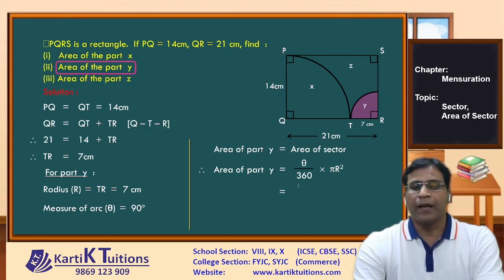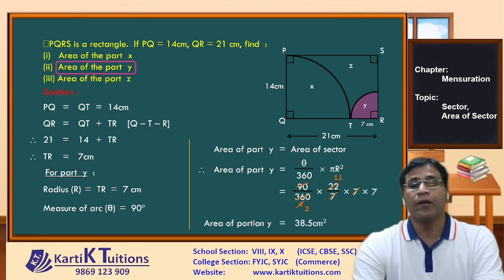So here 90 upon 360 into pi, that is 22 upon 7 into capital R value, which is 7. That will become 7 into 7. Now one 7 will get cancelled. 9 ones are 9, 9 fours are 36. Again 2 twos are 4, 2 elevens are 22. So basically we get 77 upon 2. Now when you simplify 77 upon 2, you get 38.5 centimeter square. So the area of part Y is 38.5 centimeter square.